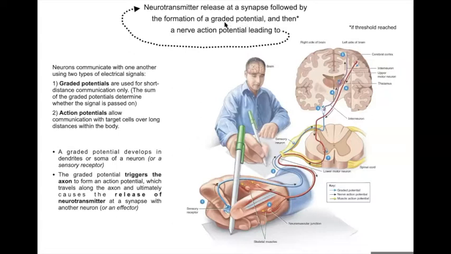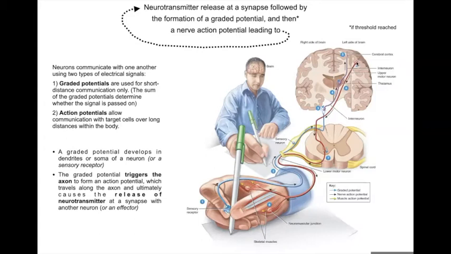That's going to be followed by the so-called graded potential, which is used for short distances within the dendrites and the cell body, which may lead to a nerve action potential, which is going to be this kind of long range communication out to the periphery or from the periphery. So we'll have this local communication within cells.